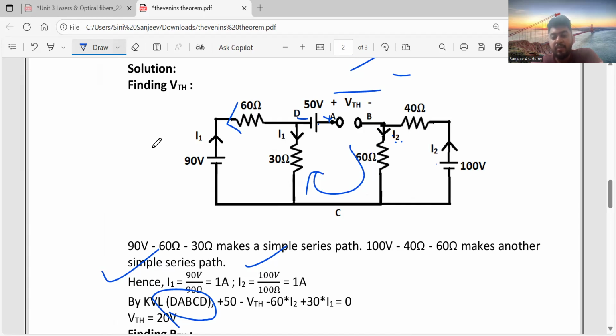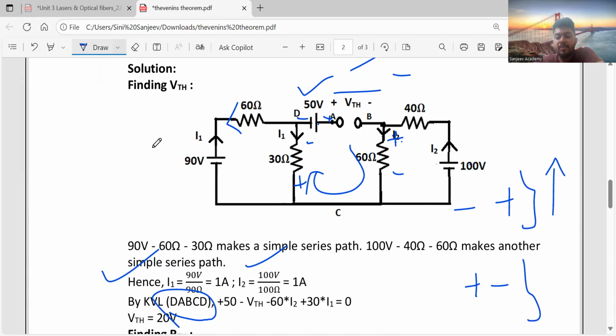So put plus, minus. Entering is plus, leaving is minus. Coming to this, I'll start with this minus to plus. Minus to plus is voltage rise. Plus to minus is voltage decrease. So minus to plus, plus 50 volt.